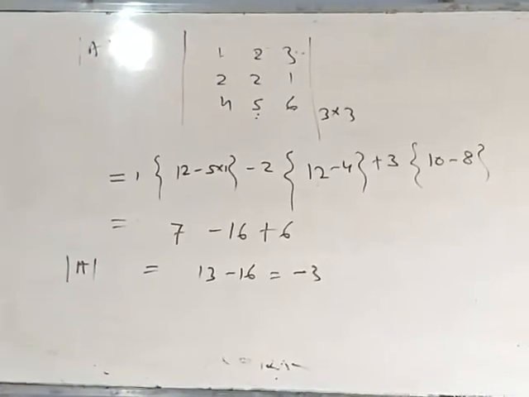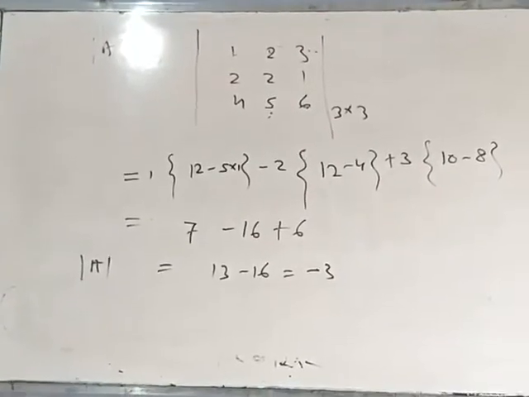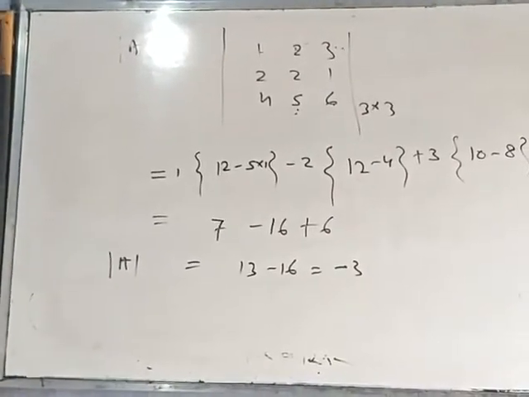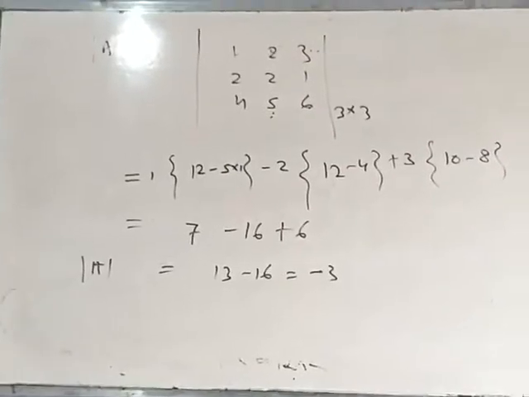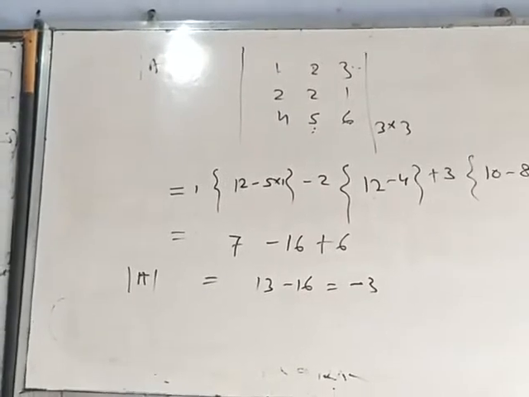So in this way we can evaluate a determinant of order 2 and order 3. Now student, you should have the concept of minors and cofactors of elements of a determinant.